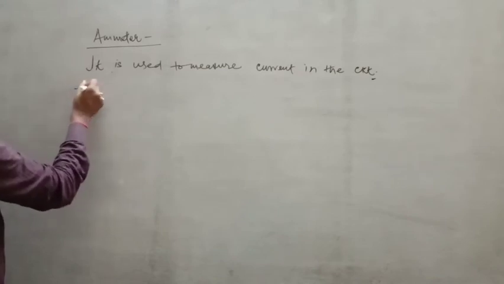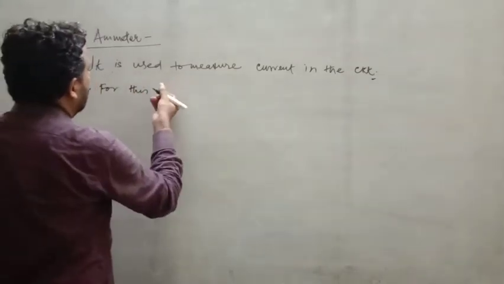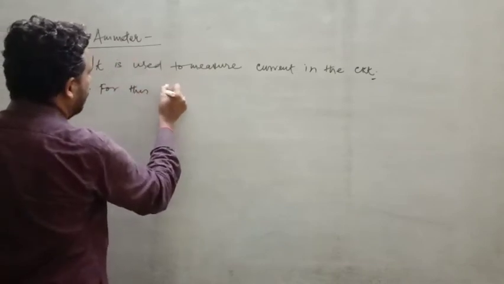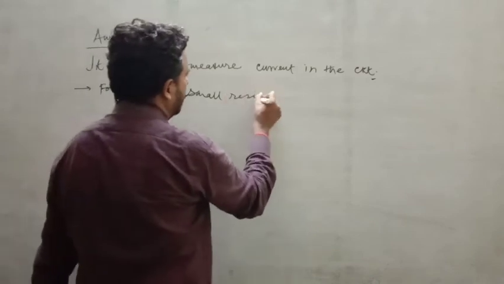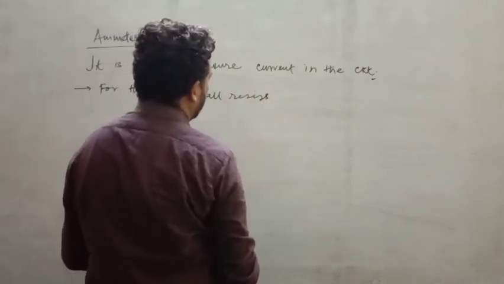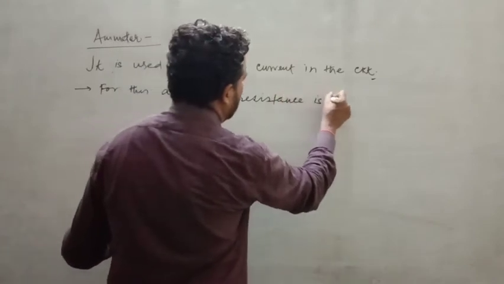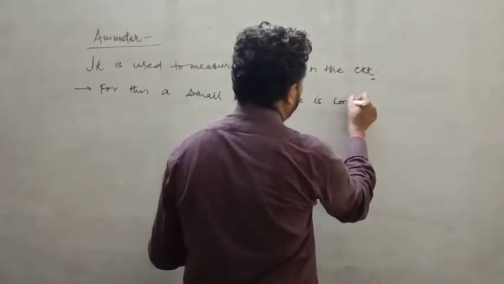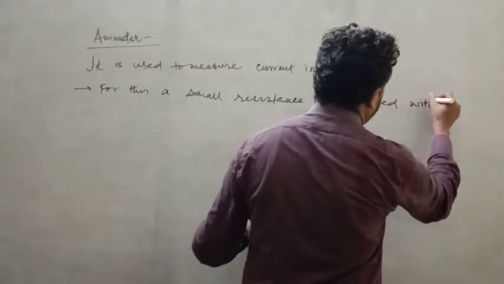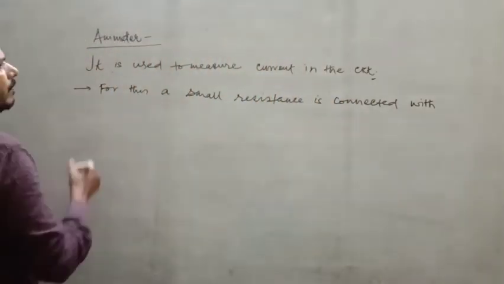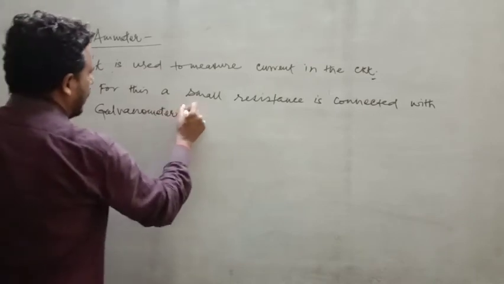So how can you make this ammeter? For this, a small resistance is connected with a galvanometer in parallel.